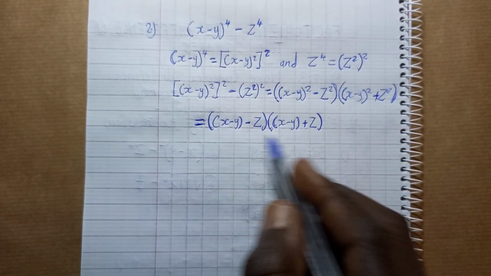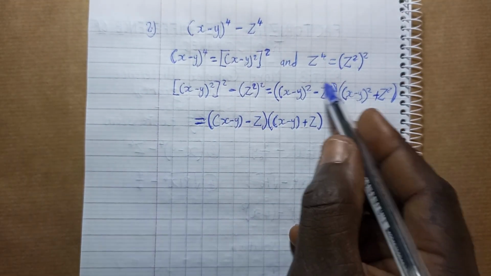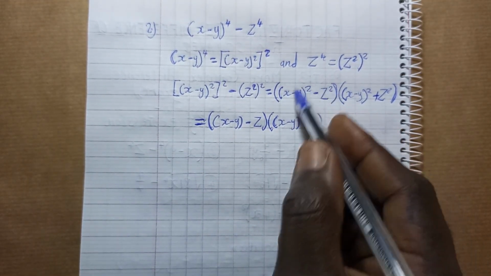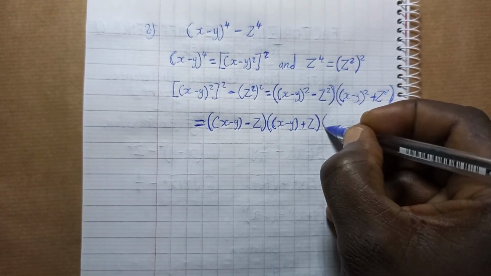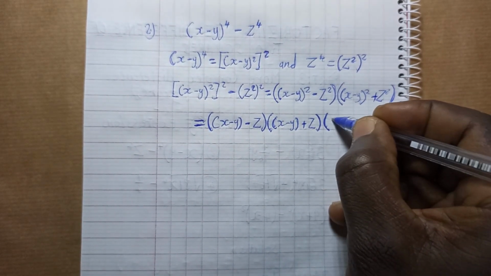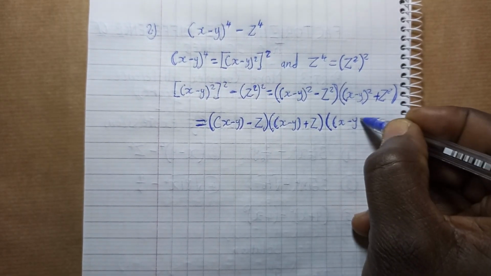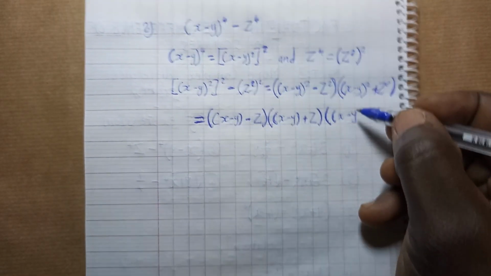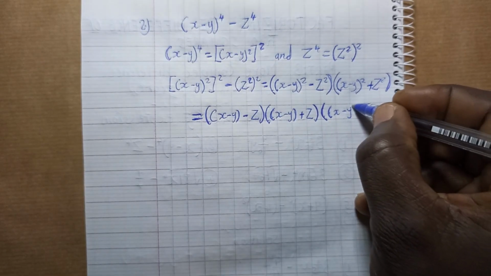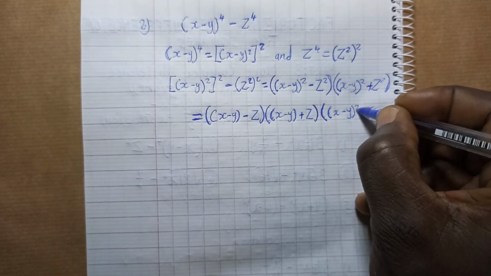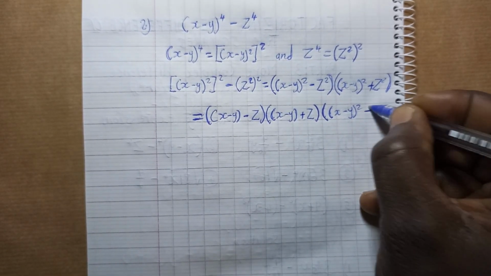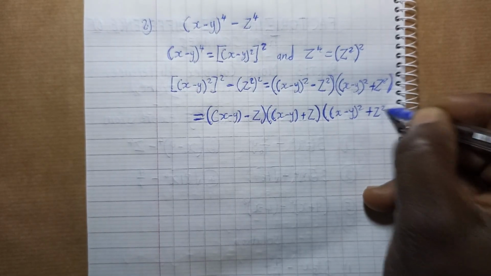Now this particular one, I'll write it out, then the inner bracket x minus y, and then close bracket square plus z square.